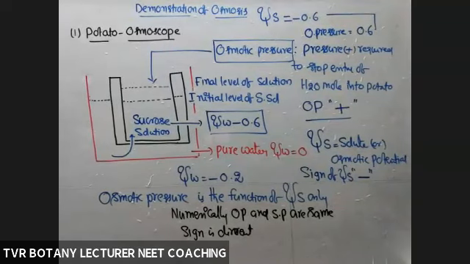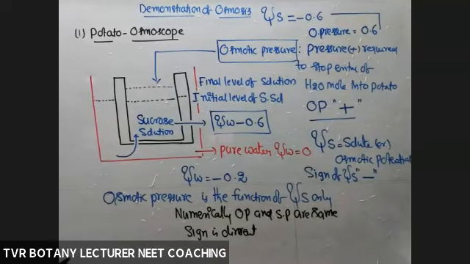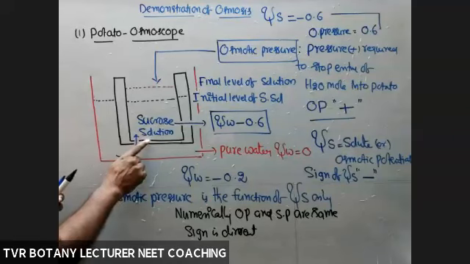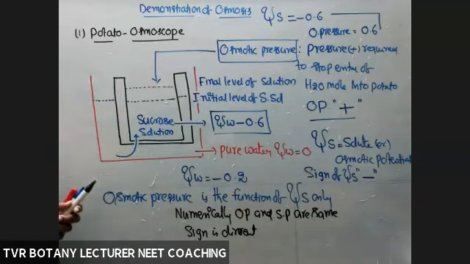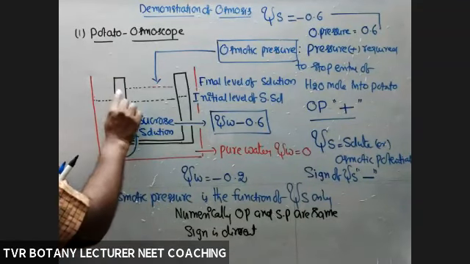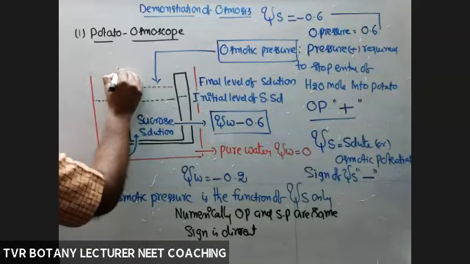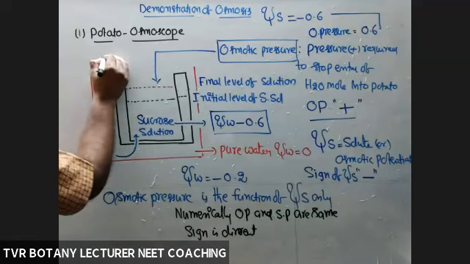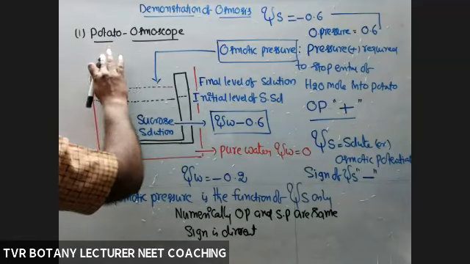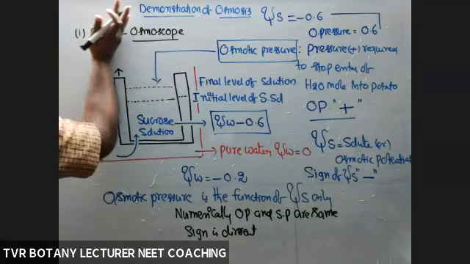osmosis by potato osmoscope. So here that potato is permitting movement of water molecules only. So this part, our potato, is acting as a membrane. You can take a semi-permeable membrane.